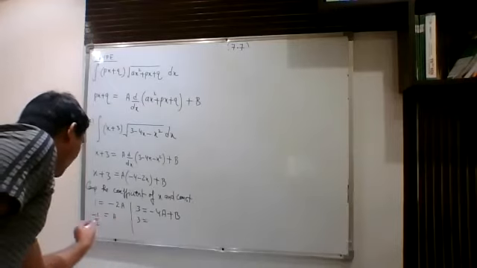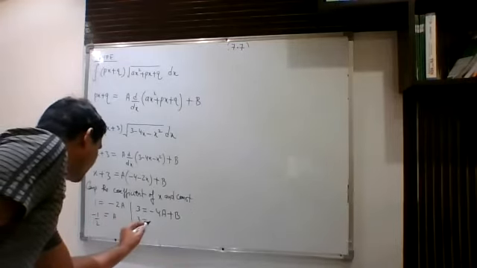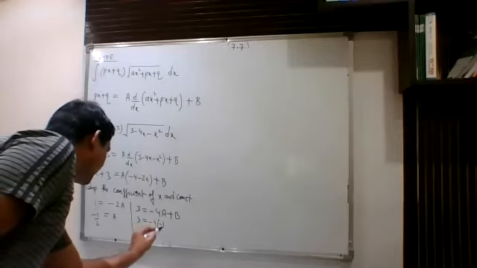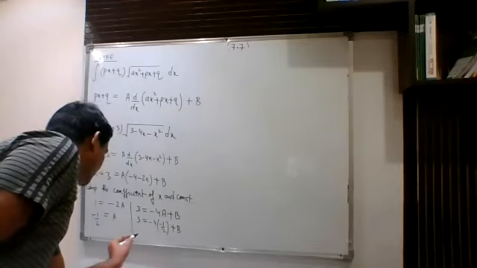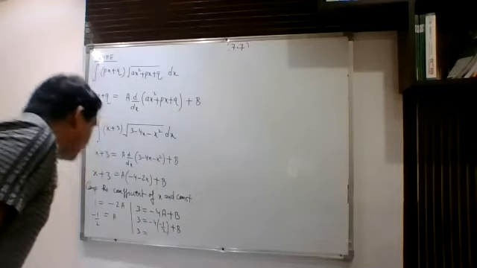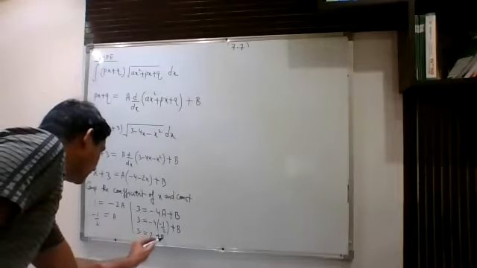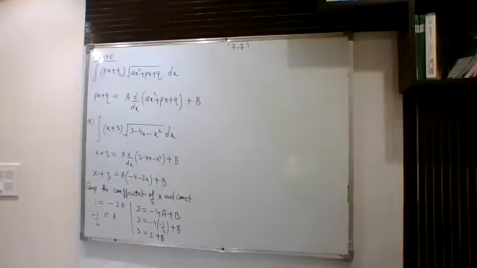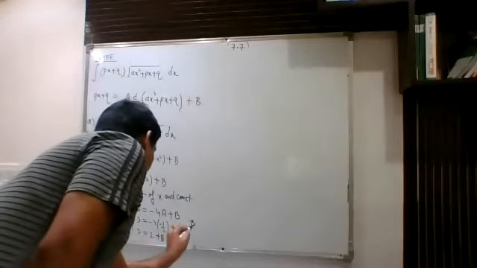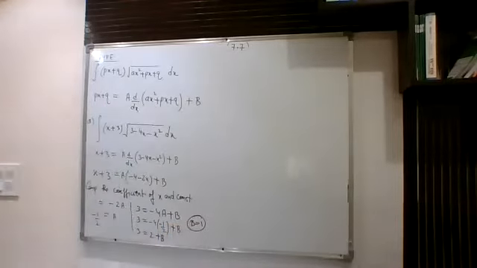When you put the value of A, this will become minus 4 into minus 1 by 2 plus B. So after calculations, this will be equal to 2 plus B. So your B is coming out to be 1. So these are the values of A and B.